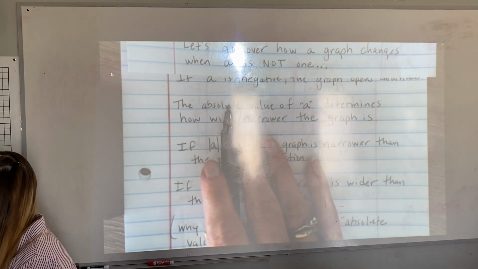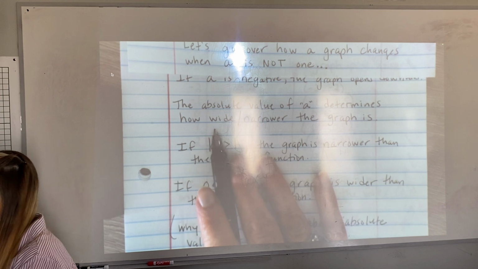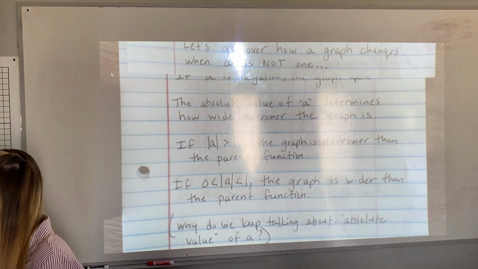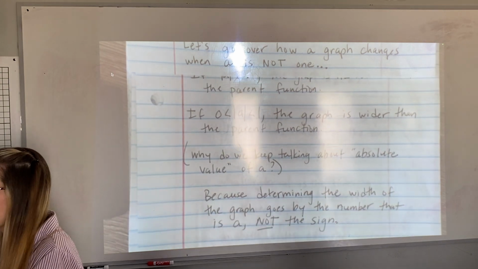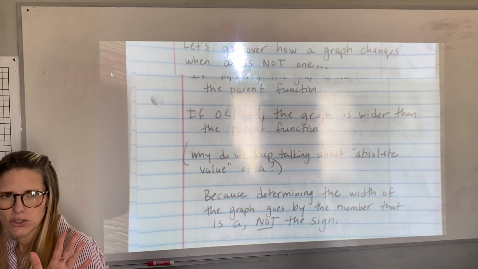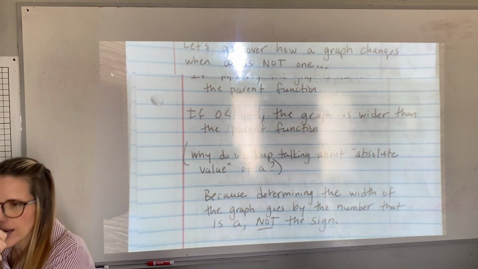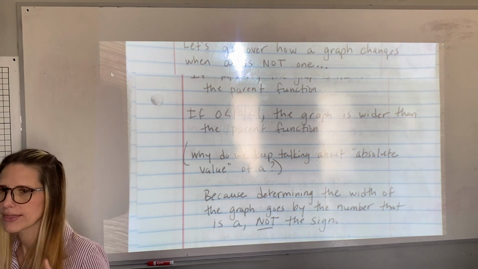Now, the absolute value of a is what determines the width of the parabola. And why do I say absolute value of a? It's because we don't care about the sign when we're talking about the width. It's all about the actual value, the absolute value of the digit, not the sign.